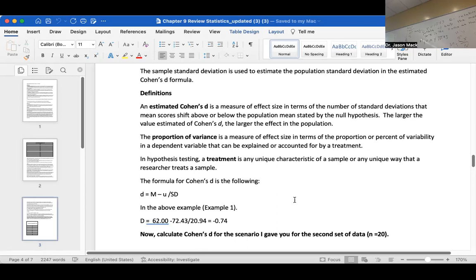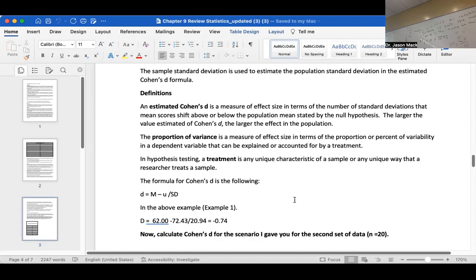The proportion of variance is a measure of effect size in terms of proportion or percent of variability in the dependent variable that can be explained or accounted for by the treatment. In a hypothesis setting, a treatment is any unique characteristic of a sample or any unique way that a researcher treats a sample. So the formula for Cohen's d is mean minus mean divided by the standard deviation.